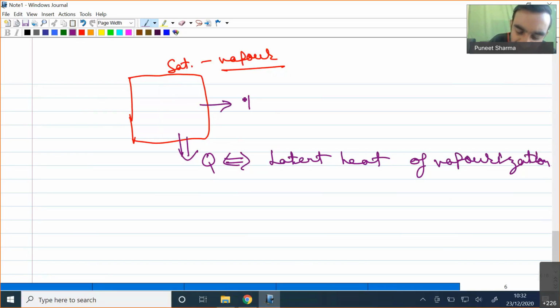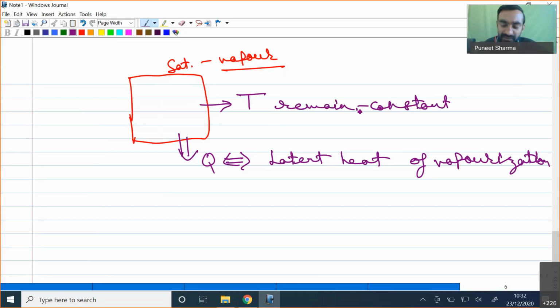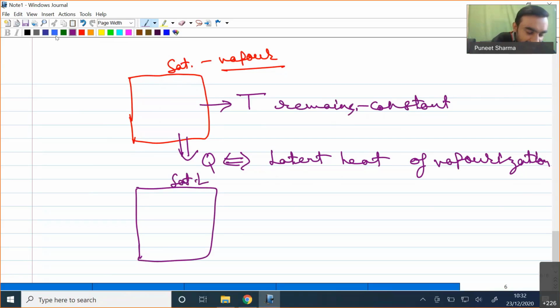The temperature remains constant. So it means our phase change substance within the liquid-vapor dome can be considered as a thermal reservoir. Similarly, if I have a saturated liquid initially and I add an equivalent amount of heat, similar to the latent heat of vaporization, then also the temperature will remain constant.